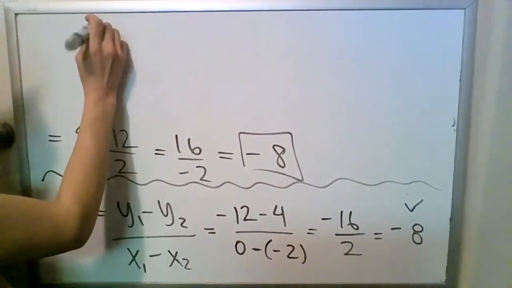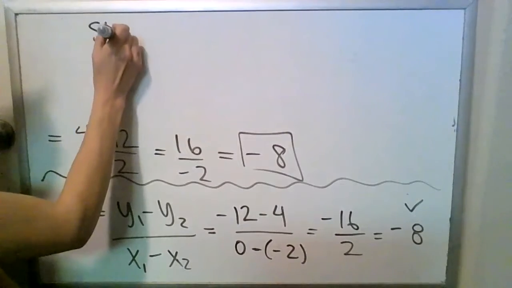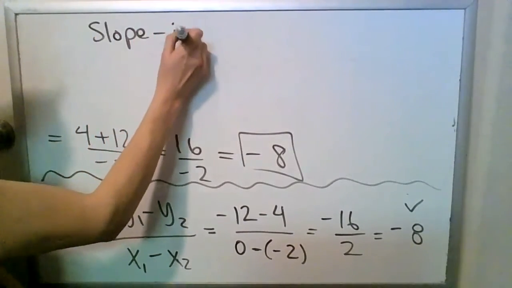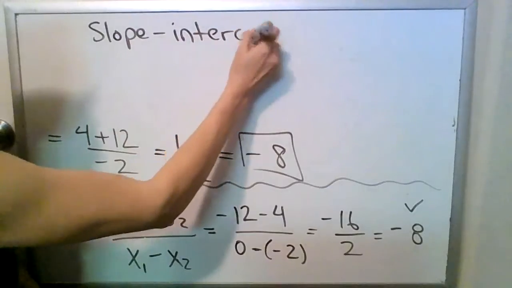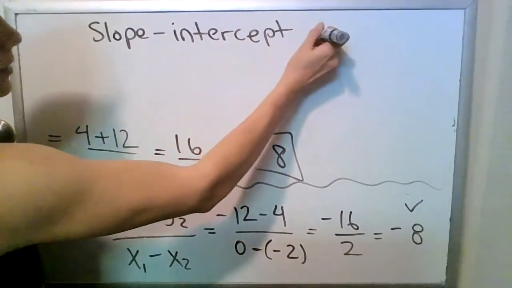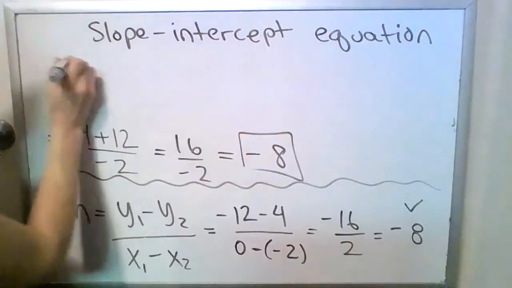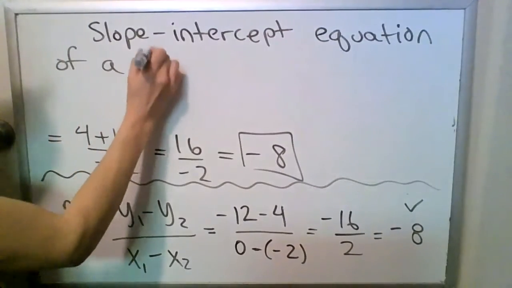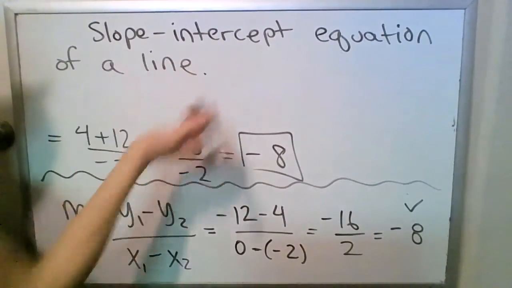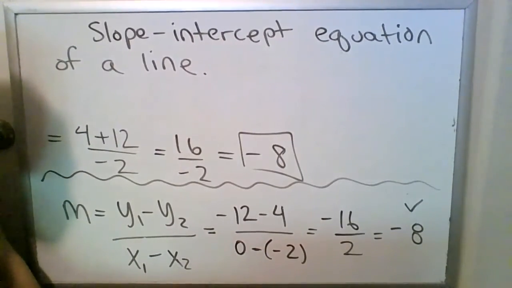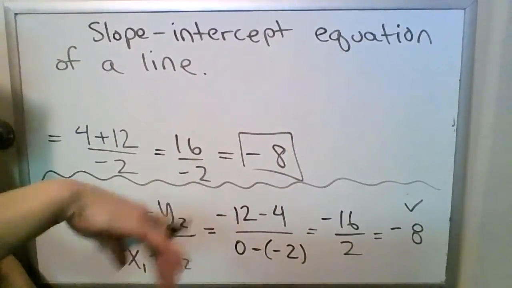So we'll call this slope-intercept. This is where we have y equals mx plus b.